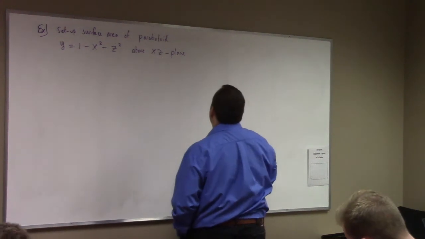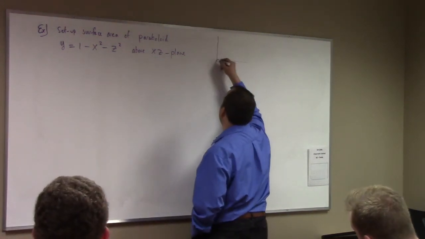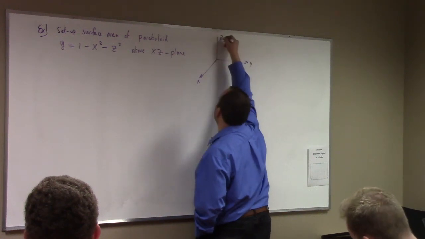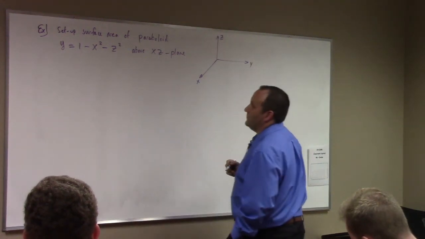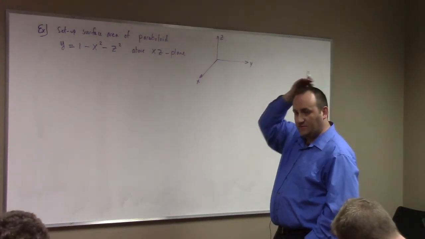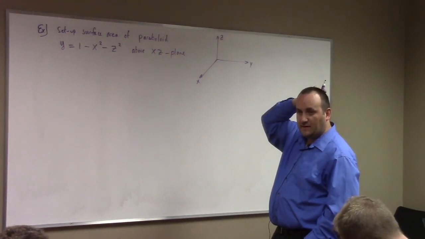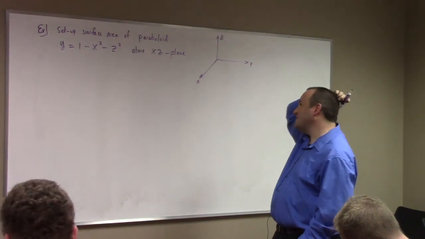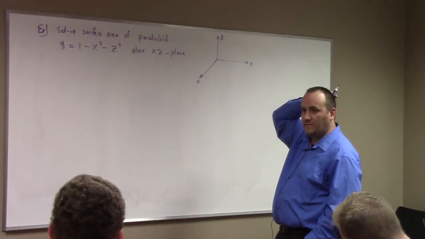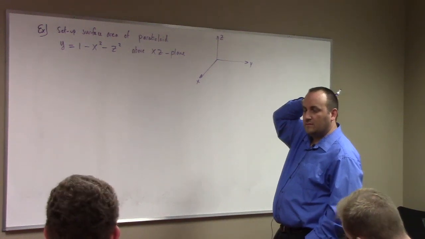So here's a picture of what's going on. Where's the vertex, if you will, of this downward opening paraboloid? It's when x and z are both 0 and y is 1.